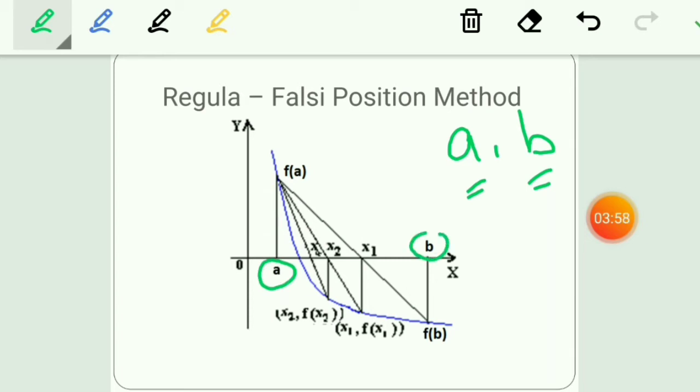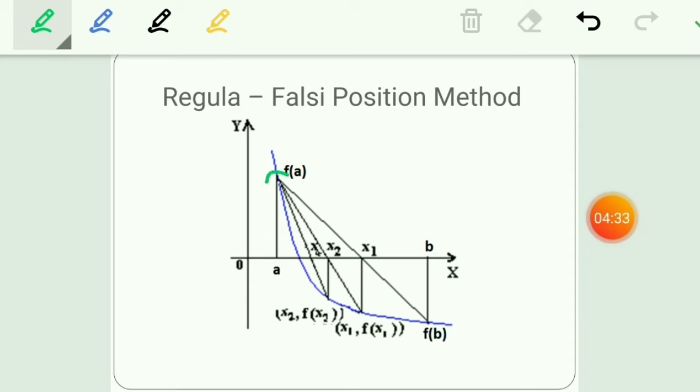So this is my a and this is my b, and this is my corresponding f of a, and this is my corresponding f of b. Right. So this is my a, b, f of a, f of b. So according to the regular false position method, what we will do here is draw a straight line between these two points.